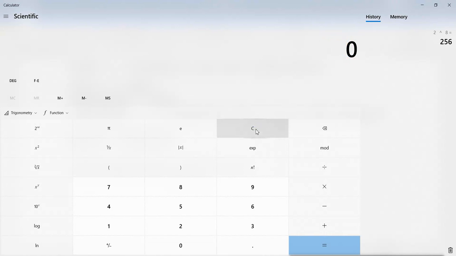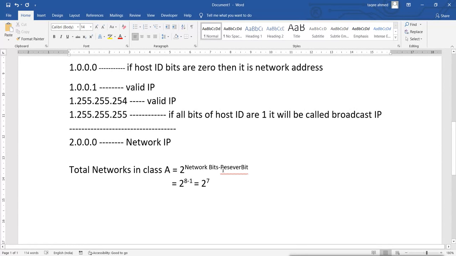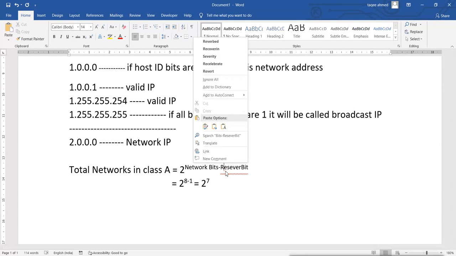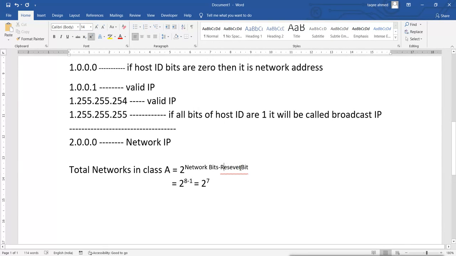So actually we subtract the reserved bit from the total bits.